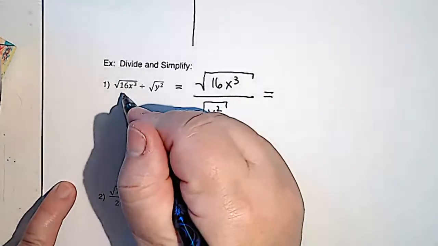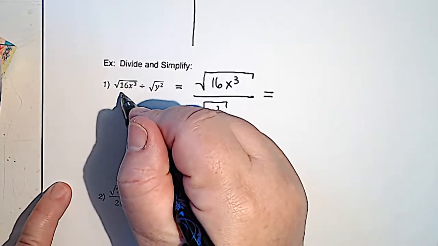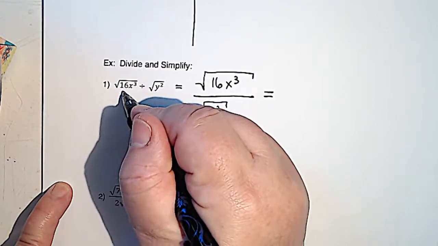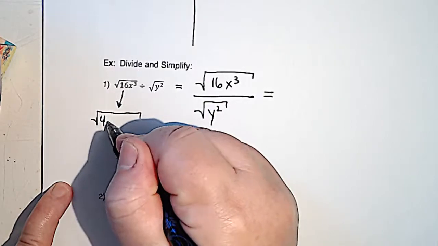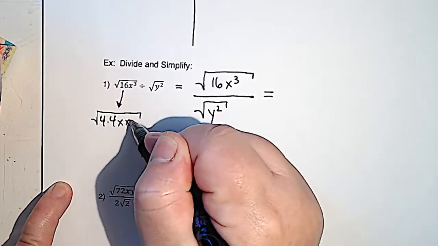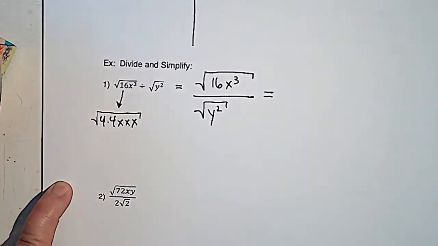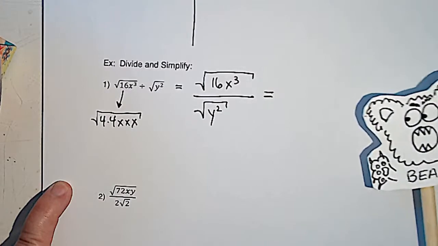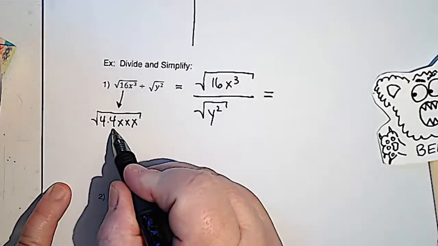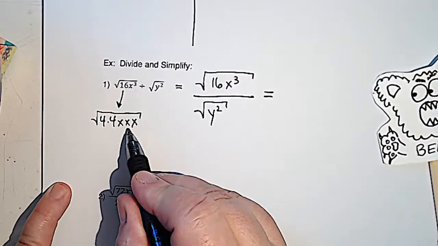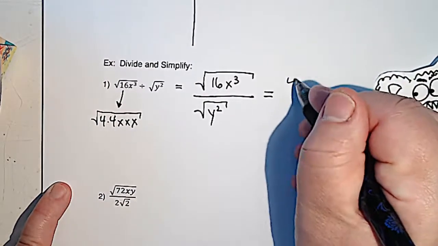So 16x cubed, I'm going to remind you, is equal to, for bare math purposes, 4 times 4 times x times x times x. And again, bare math is great in the beginning, but I'm hoping that you will slowly move past it, but we can always have the bear here. Basically, if 4 makes it out and x makes it out, there's an x left inside.